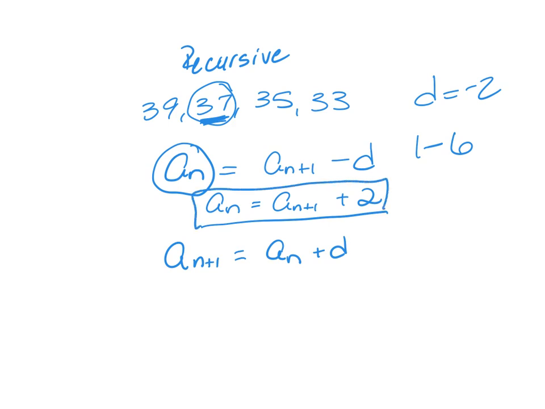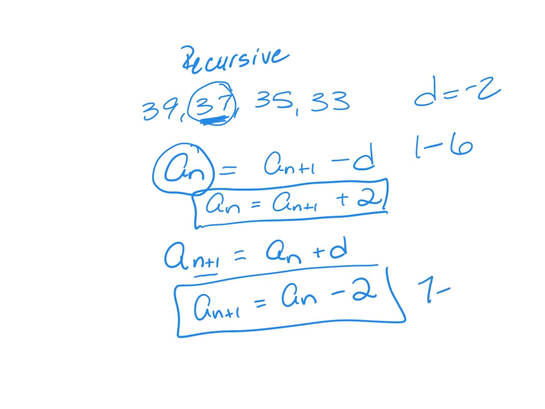When you're doing AN, it's the next guy minus D. When you're starting with AN plus 1, it's the guy before it plus D. You understand that? So this is AN plus 1 equals the guy before it, AN, minus 2. So if I were doing 7 through 12, this is the answer they want. If I'm doing 1 through 6, this is the answer they want.